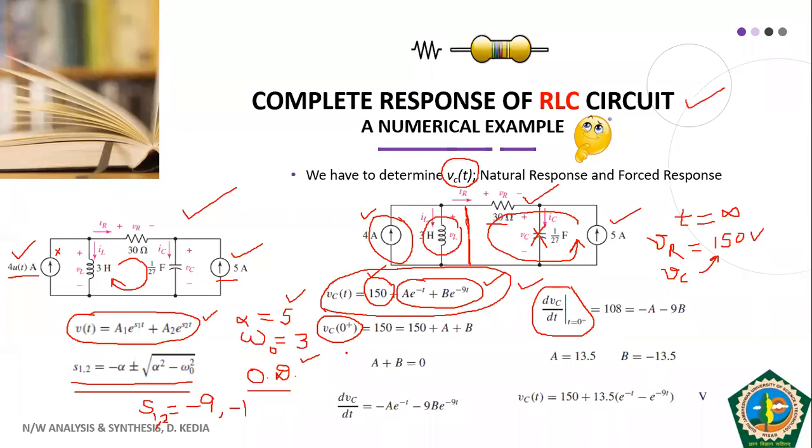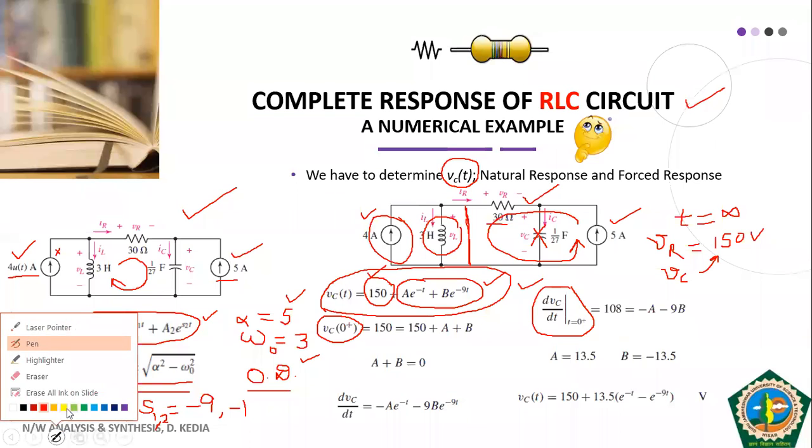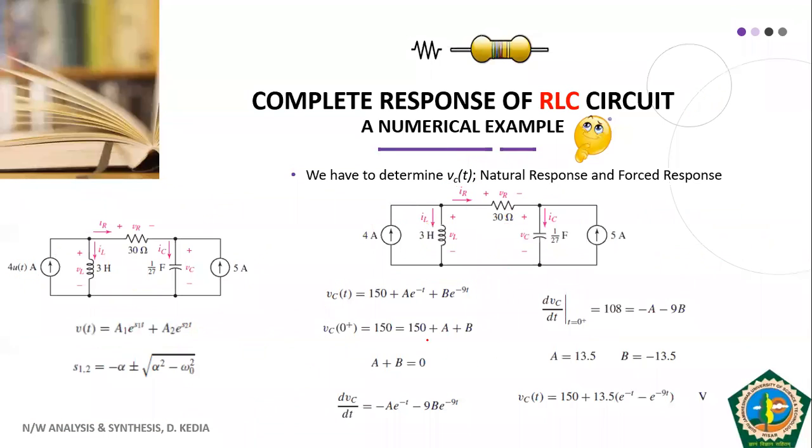So in this equation, if you apply t equal to 0 plus, you will come across 150 plus A plus B, and we need to now find out how this VC 0 plus is 150 volt.